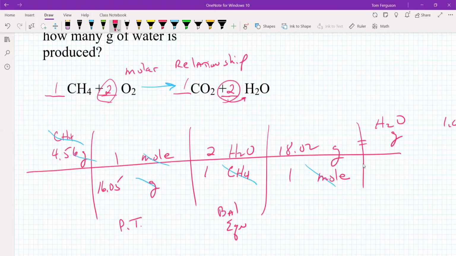So everything's canceled except what? Grams of water. What are we trying to calculate? Grams of water. PT is periodic table. So we have two calculations based on molar masses. And then we have the balanced equation. So that's the setup.